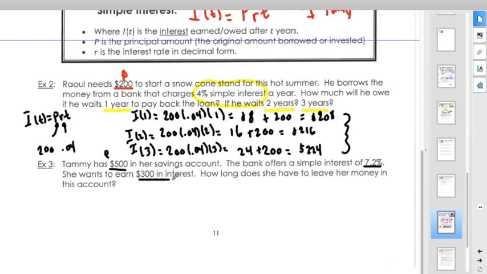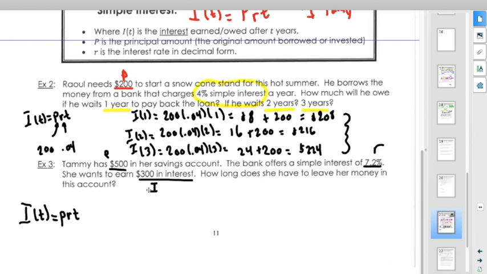So this is a little bit different. Look, we have P, we have R here, and it's saying that she wants to earn $300 in interest, so it's giving us I in this case. And it's telling us how long does she have to leave her money in the account. Typically we know it's I equals PRT.